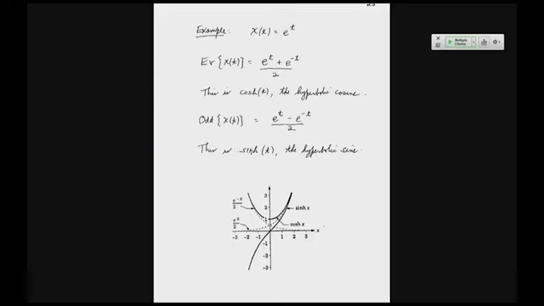Everybody can see that. So we take the even part. It's e to the t plus e to the minus t over 2. That's actually the good old hyperbolic cosine function, cosh of t. The odd part is e to the t minus e to the minus t divided by 2. That's actually the hyperbolic sine function, the sinh function.